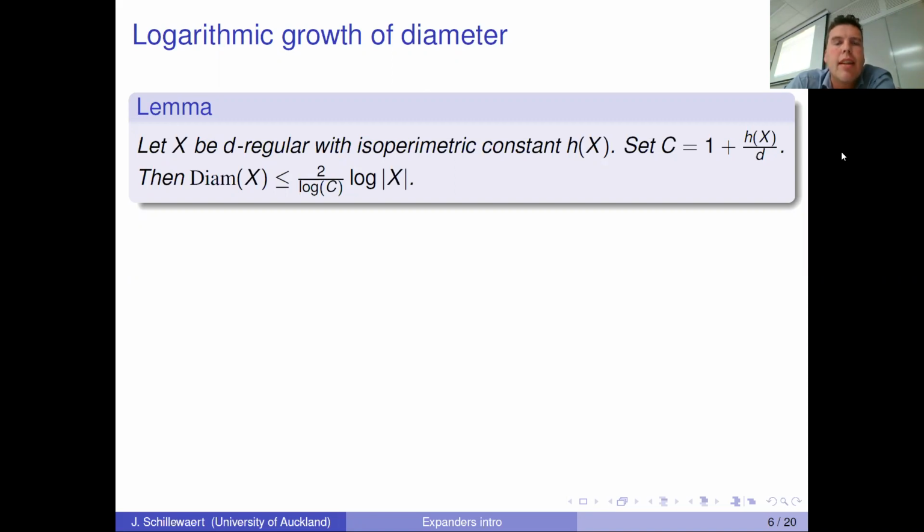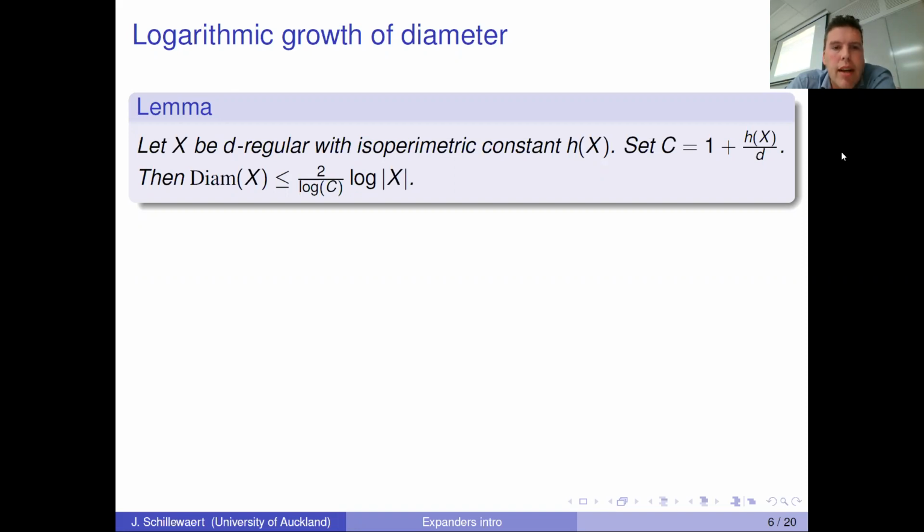If information flows with 1 unit of time, it would be good if between any 2 nodes or vertices we don't have to travel for too long. So when our graphs become really huge, it's interesting if the diameter only grows logarithmically, because it's a very slowly growing function. That would be very good for us. So here is such a result, or lemma.